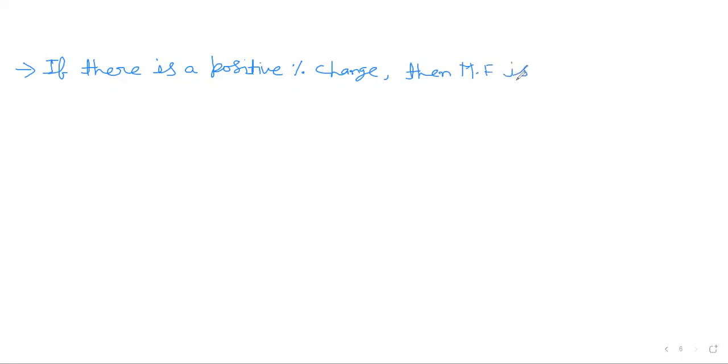If there is a positive... this sentence is very useful, very useful.